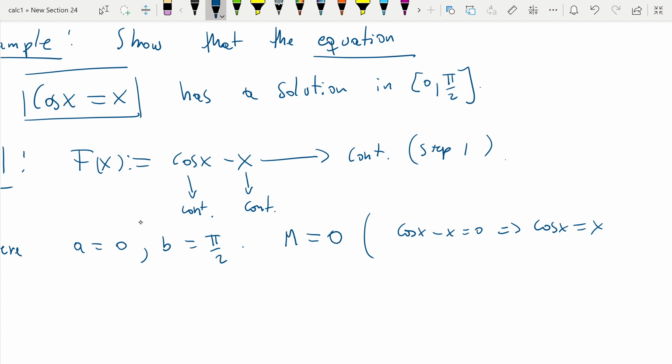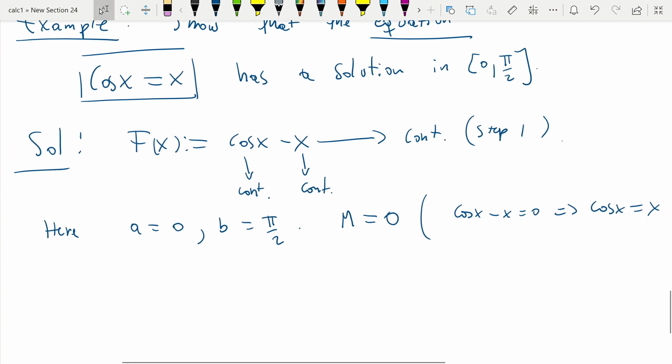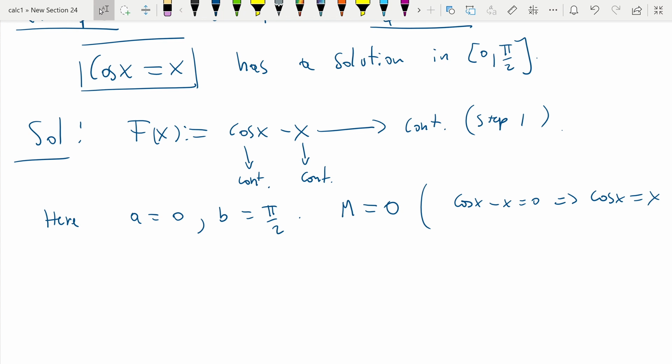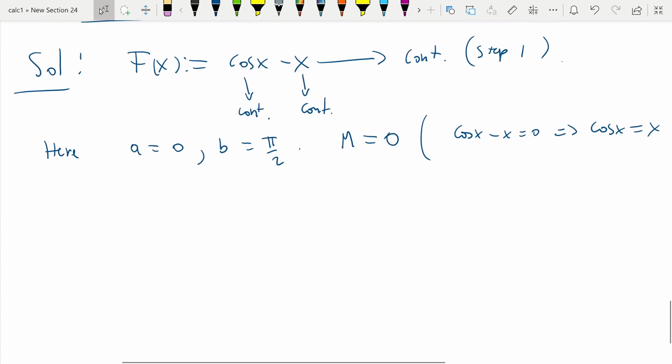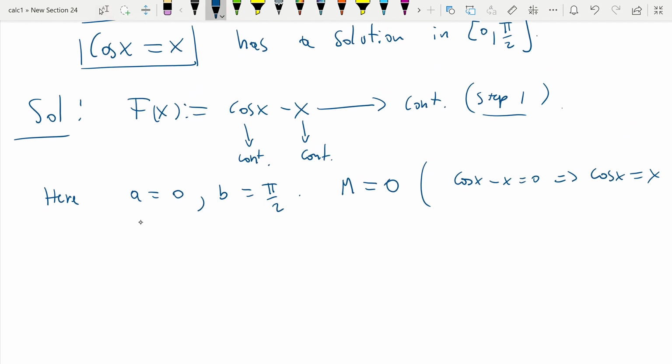Just move x to the other side. And we'll have shown that this equation has a solution. So the value we're aiming for, m, here is equal to 0. Alright, so that was step 1 already.